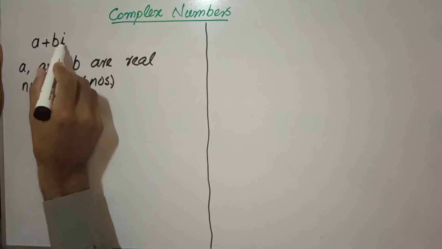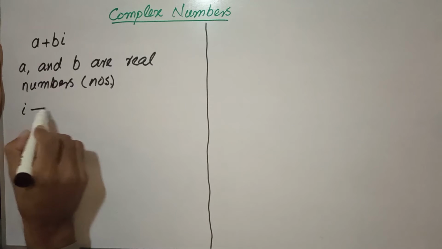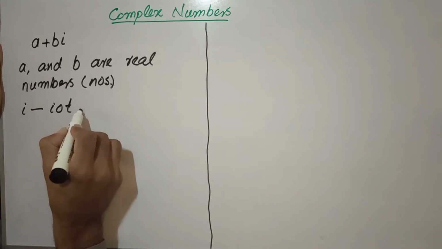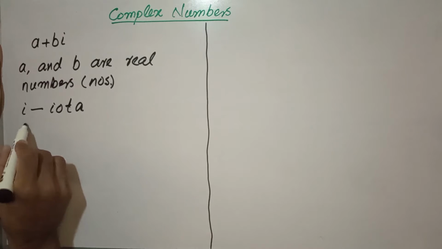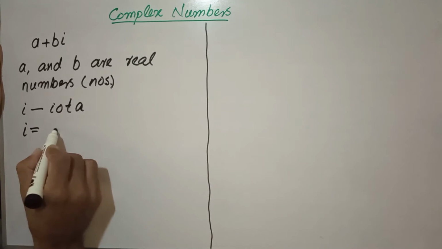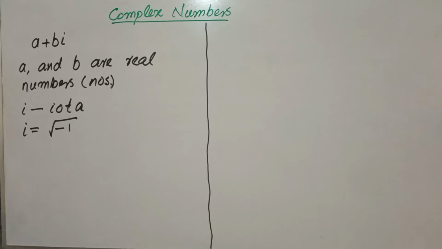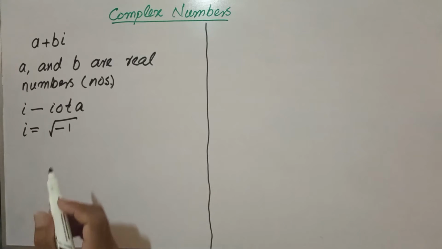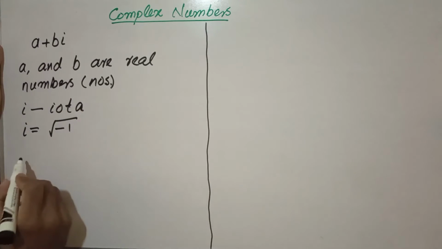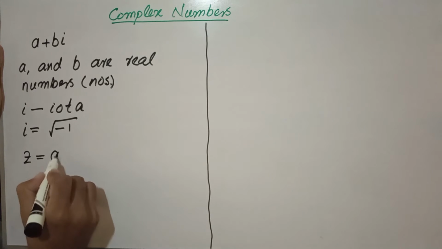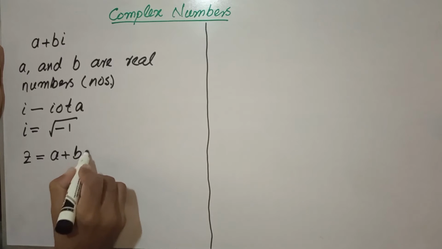And this i is called iota, and it is equal to square root of -1. So any number of the form a plus b iota is called a complex number. Generally, we denote a complex number by z, like z is equal to a plus b iota.